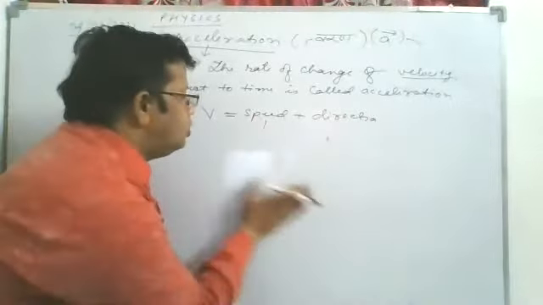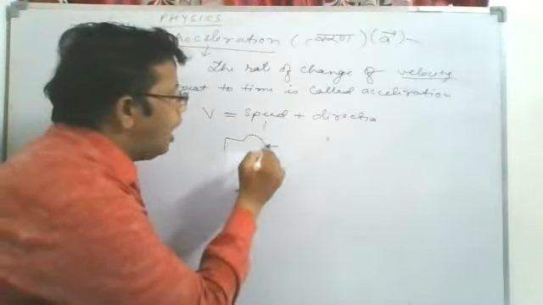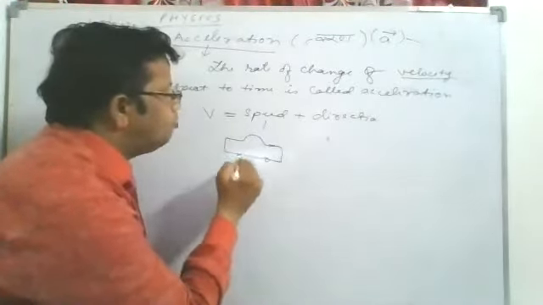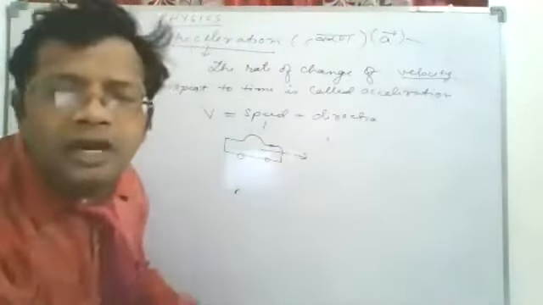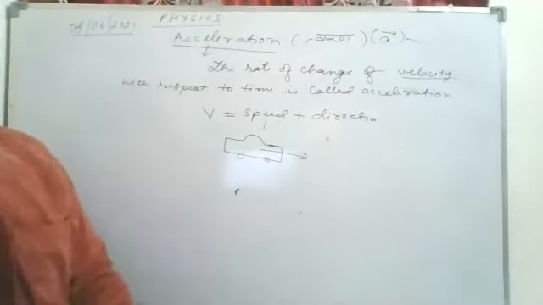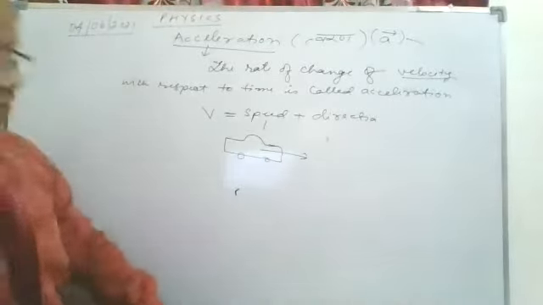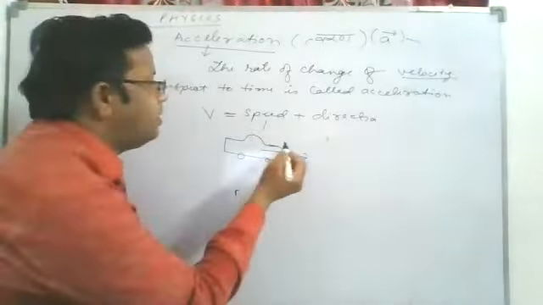The second type is you are moving in a car on a straight pathway. Your direction is not changing, but your speed keeps on changing. Initially your speed was 20 meters per second, then 30, 40, 50, 60. In every 1 second, your speed increases by the same amount.